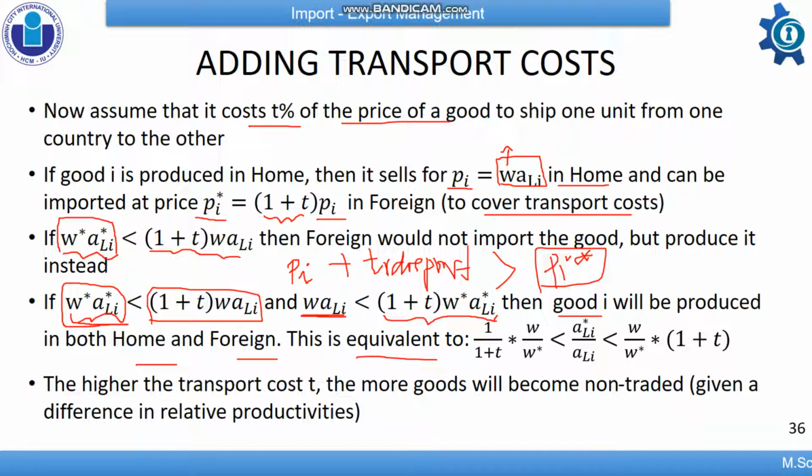And based on that, we have the equivalent: the relative unit labor requirement for product i in the foreign country is less than the relative wage of the home country to the foreign country times the percentage of transportation cost, and is larger than the relative wage of the home country to the foreign country times the reverse of the percent.